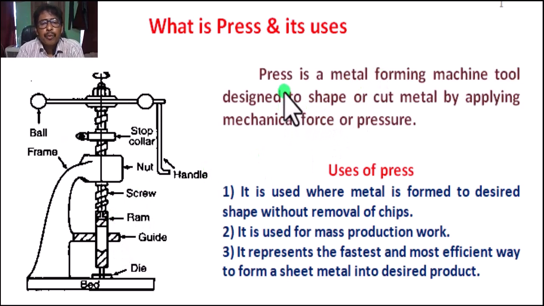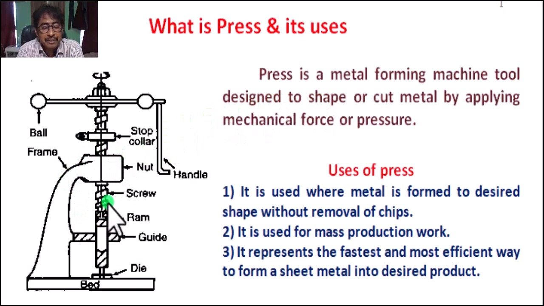Now, what is a press? A press is a metal forming machine tool designed to shape or cut metal by applying mechanical force or pressure. Press metal forming machine tools are used for most cold working operations to shape the metal, mainly sheet metal, by applying mechanical or hydraulic pressure.